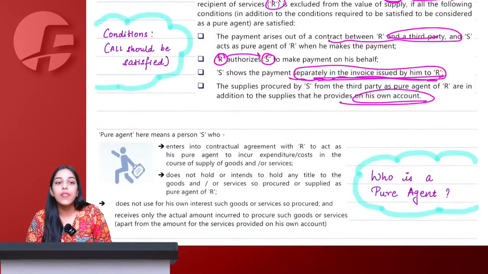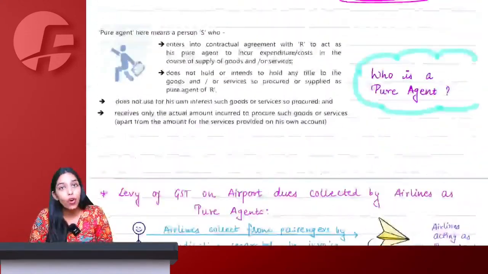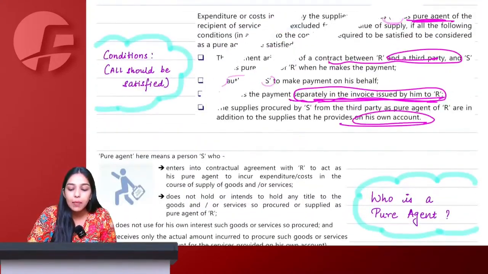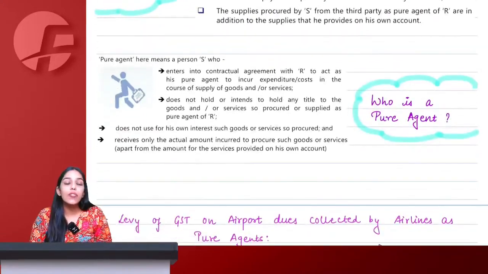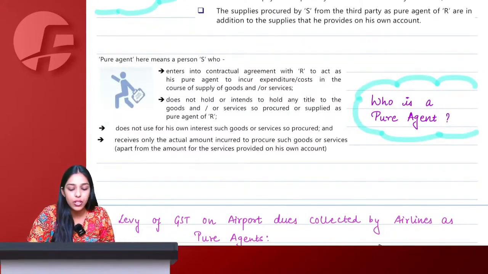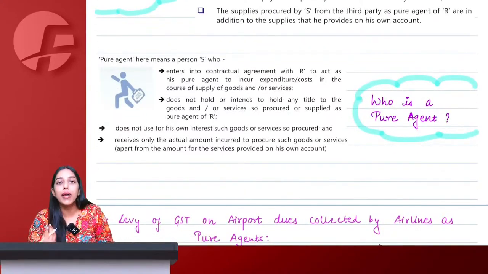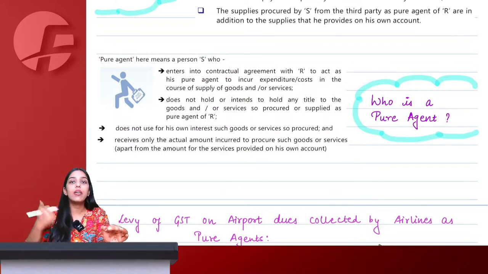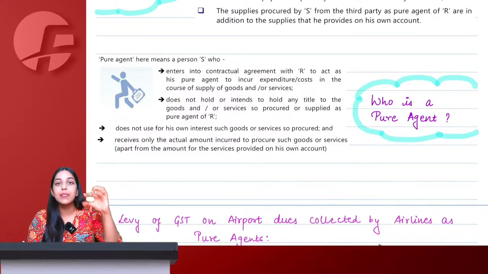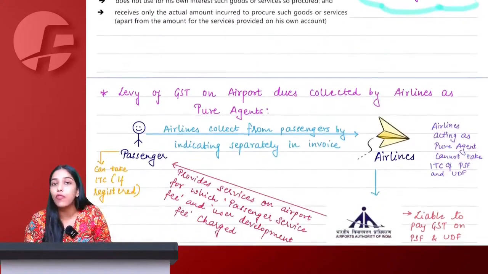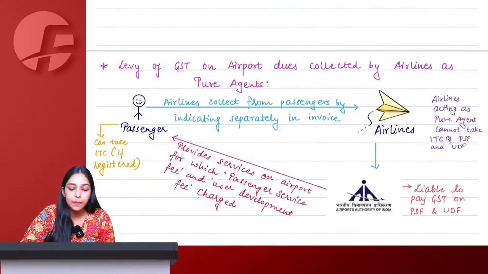Then in that case, they will not form part of value of supply, and the pure agent should never have used such goods or services for his or her own benefit, should never have thought of taking the title, should not have earned anything out of it. Your heart is very pure. Whatever actual you are incurring, that same actual you are recovering from the recipient by stating them separately in the invoices, then they will not form part of value of supply.